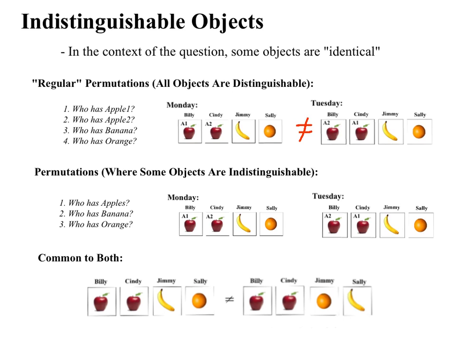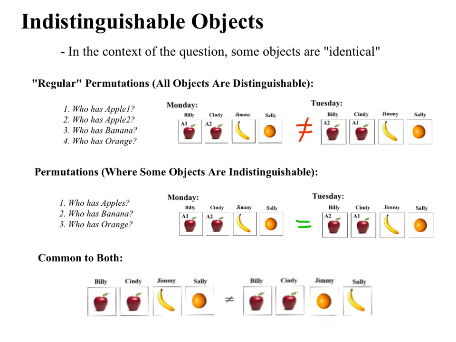But if we were to treat the objects as being indistinguishable, instead of asking who has apple 1 and who has apple 2, we ask just the general question, who has the apples? And so in this circumstance, it's obvious that the same ordering as above is equivalent, because on Monday, Billy and Cindy have apples, and on Tuesday, Billy and Cindy have apples. It doesn't matter which apple they have.